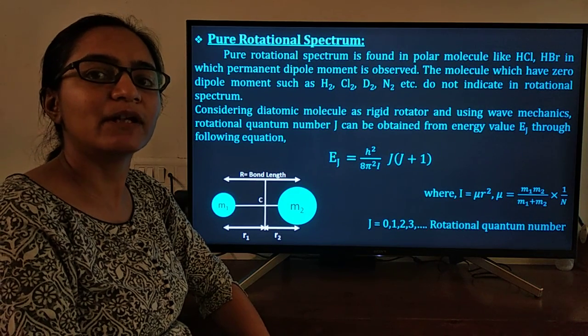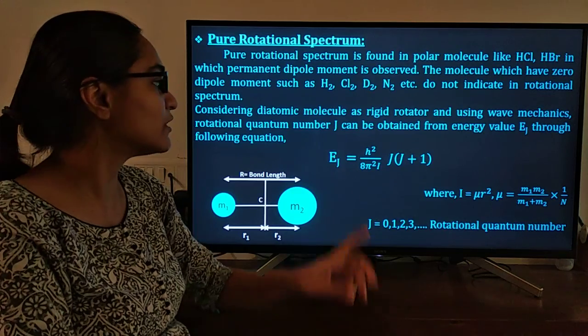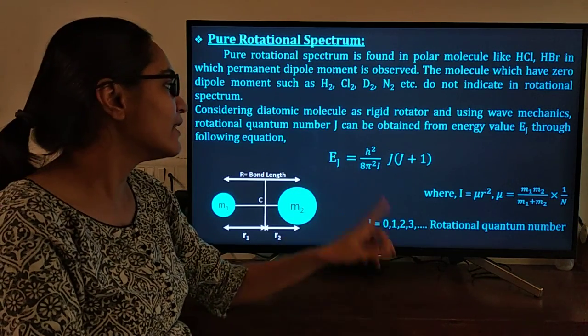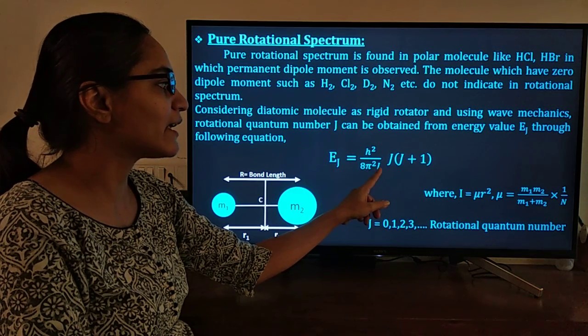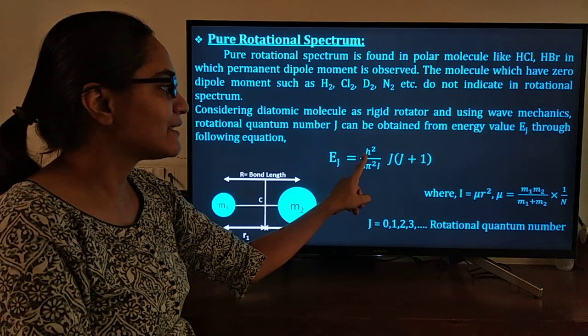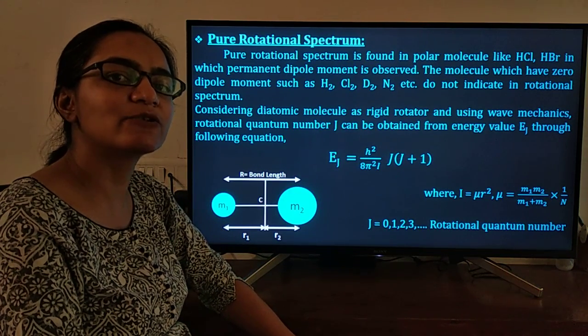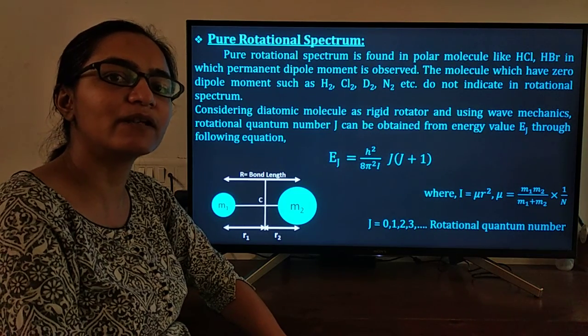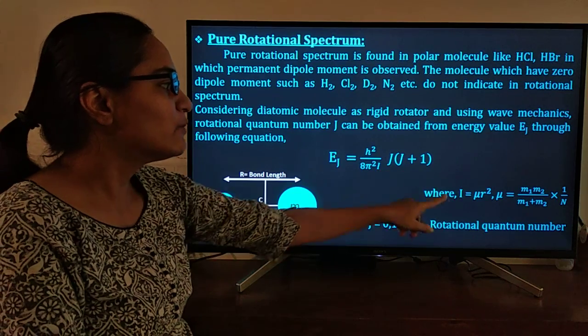The rotational energy Ej can be obtained through the following equation, where Ej is equal to h square upon 8 pi square I into J into J plus 1, where h is the Planck constant. Its value is 6.627 into 10 raised to minus 27 erg second, and I is equal to mu r square.